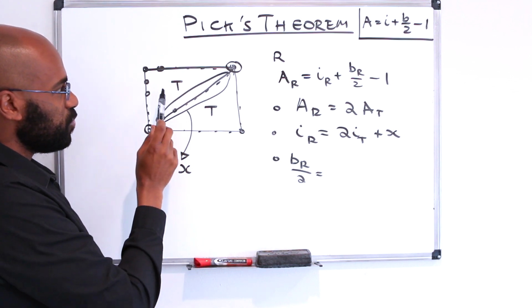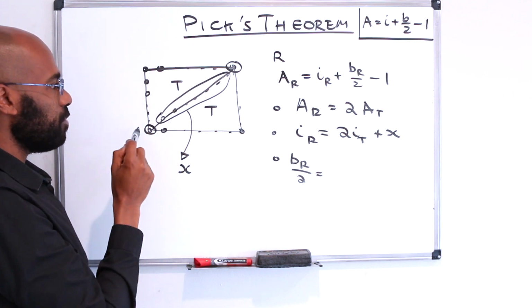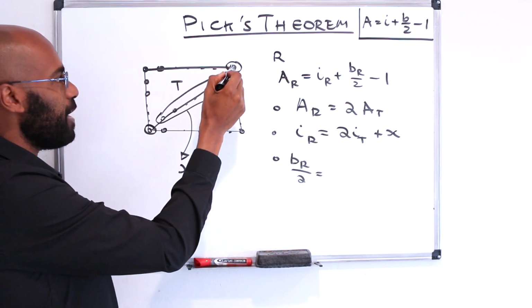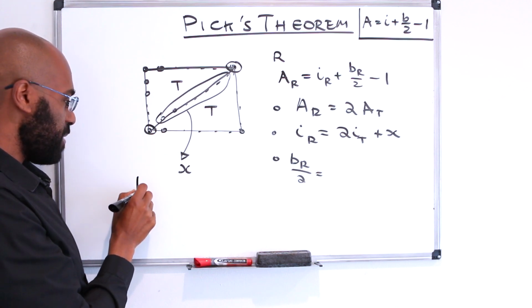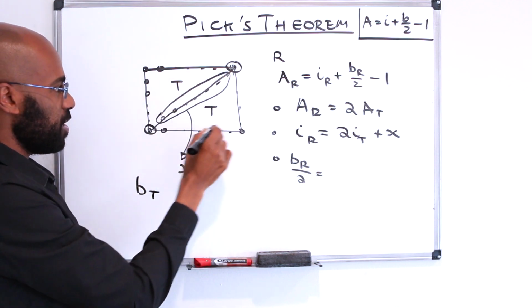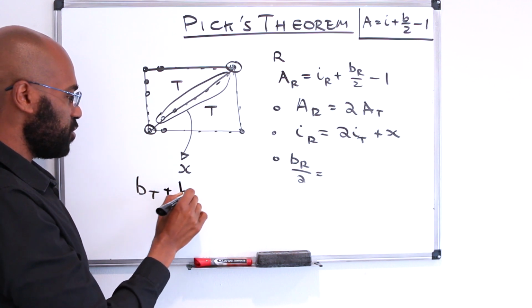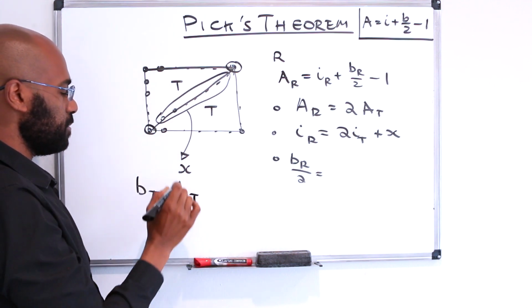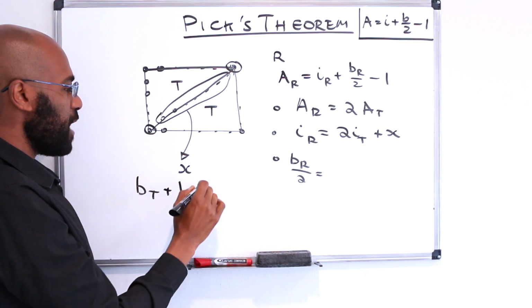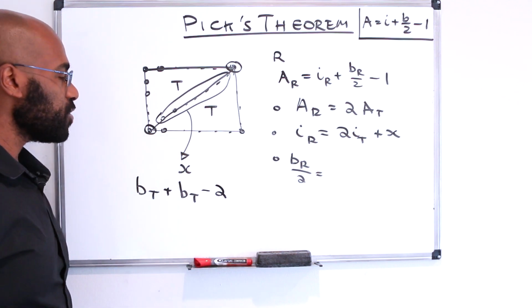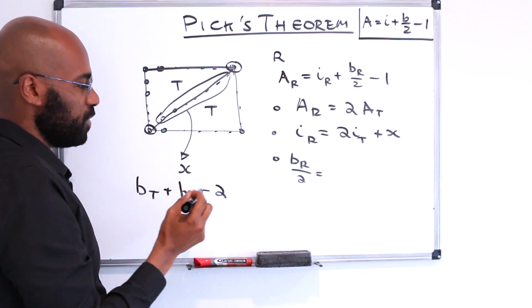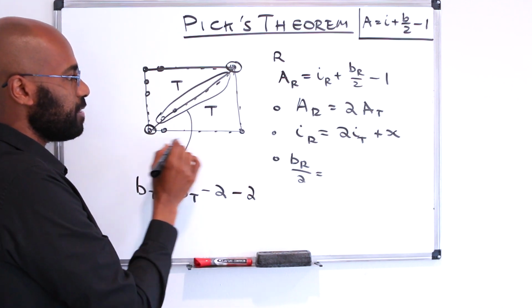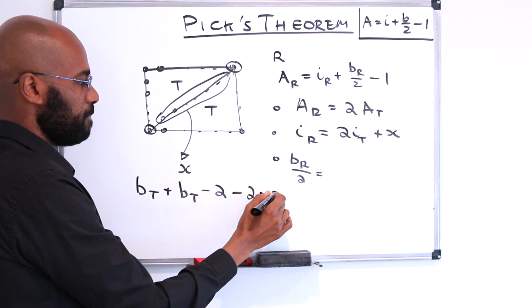In total, with these two copies, we will have covered every single boundary point of R, except we'll have covered these 2 points twice. So if we took the number of boundary points of T from this contribution and added the number of boundary points in T from this contribution, we need to subtract 2, and then also subtract the 2 times we go over this strand of points right over here to get the number of boundary points in R.